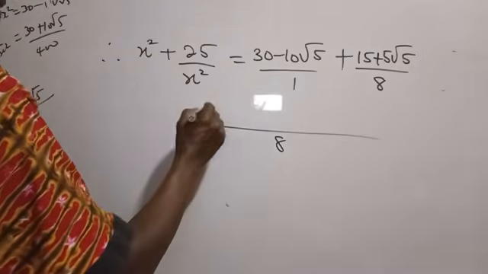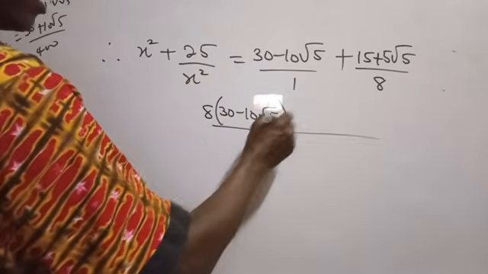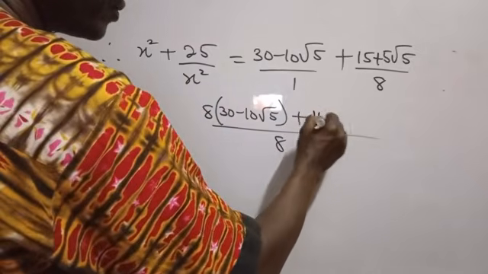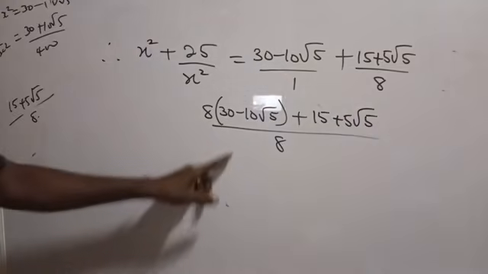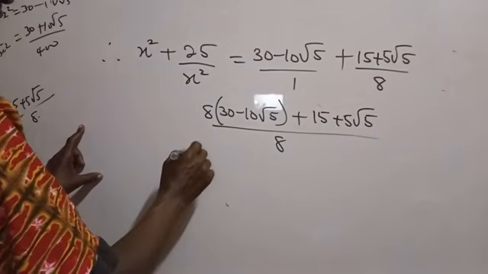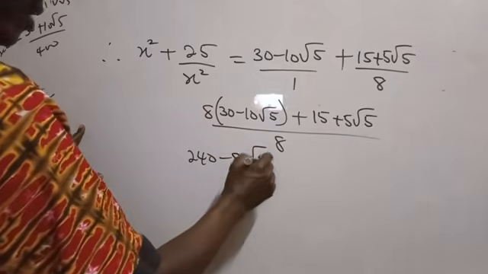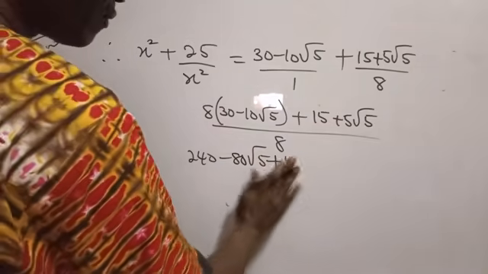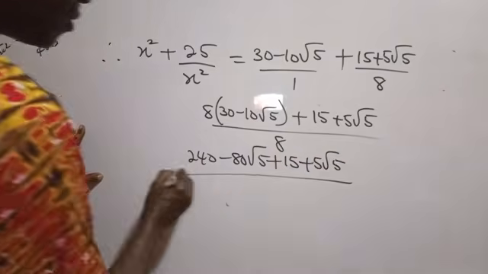So multiply through 8 into 30 minus 10 root 5, then plus 1 times the whole of this, 15 plus 5 root 5. So multiply 8 by 30, that's 240, minus 80 root 5 plus 15 plus 5 root 5 all over 8.